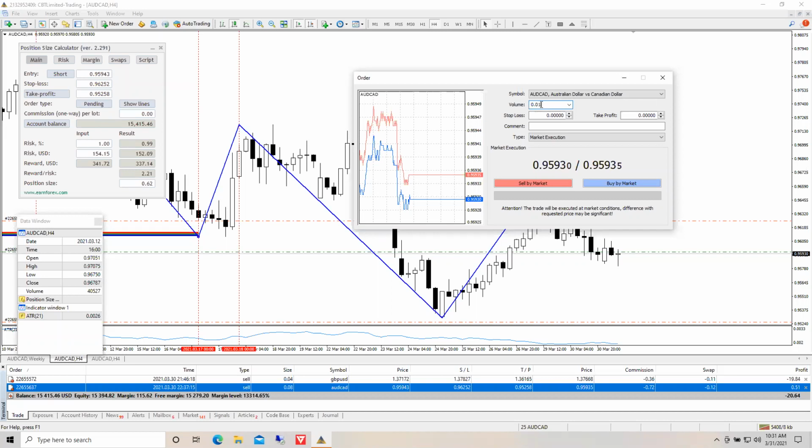The size of this number will depend on several other numbers as well. So first of all, yes, the percentage of your account you want to risk, but also the actual size of your account. So if you've got a $2 million account as opposed to a $2,000 account, this number will be different by a factor of 1,000. Okay, so it will be hugely different. Likewise, if you're risking 0.2% per trade as opposed to 1% per trade, that will be different by a factor of 5.